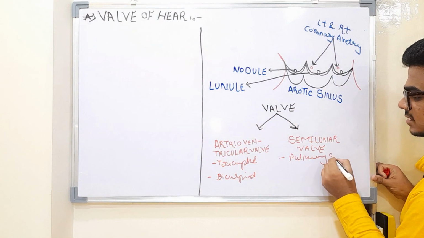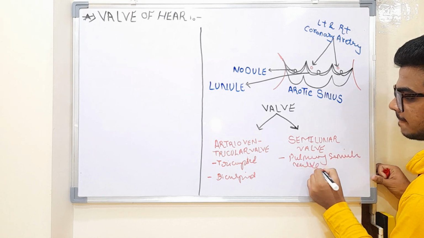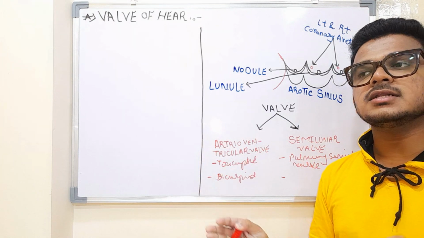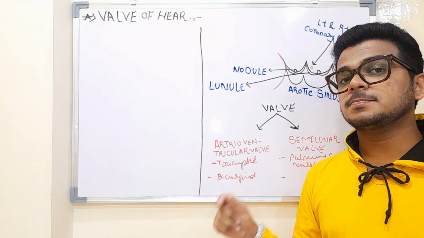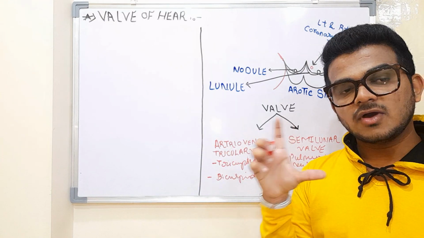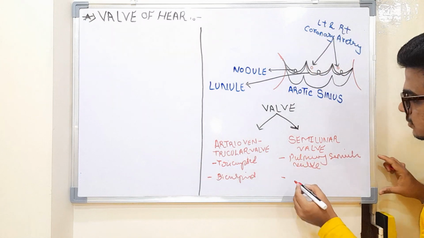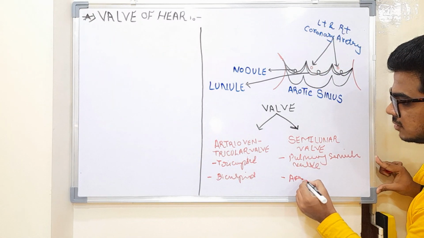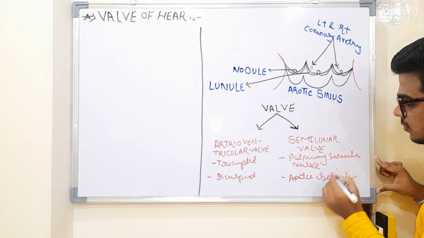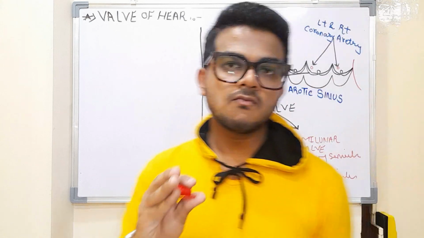And if you go to the left side, when the left ventricle pumps oxygenated blood to the aorta, the valve present there is called the aortic semilunar valve. So these are the valves.